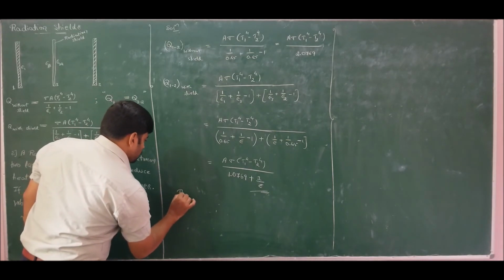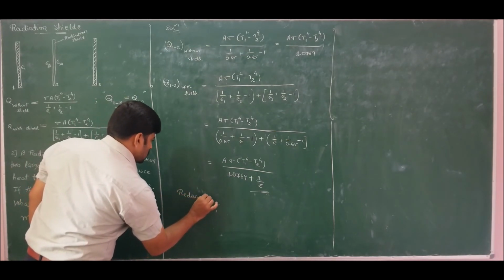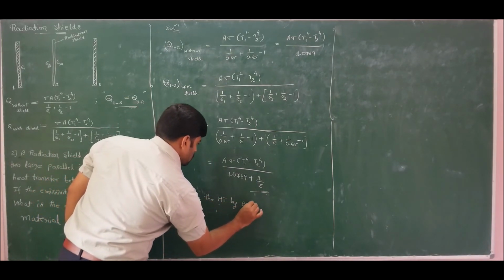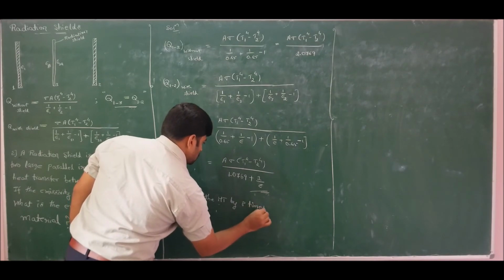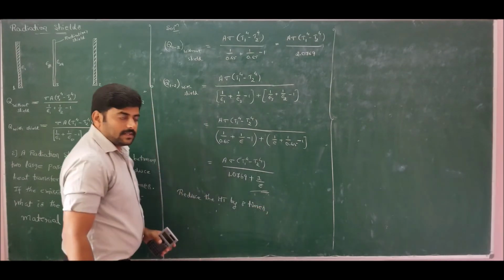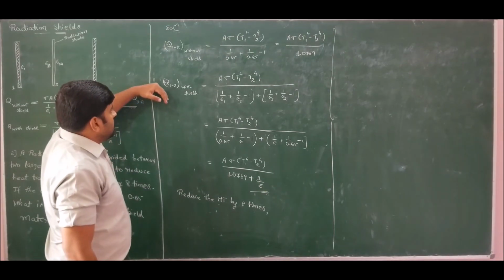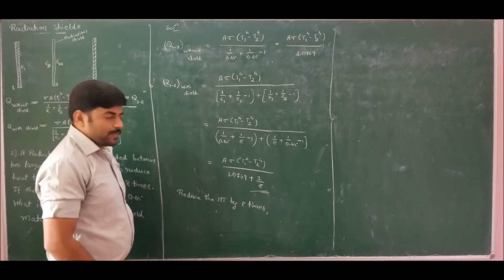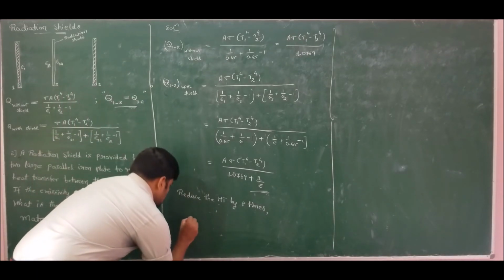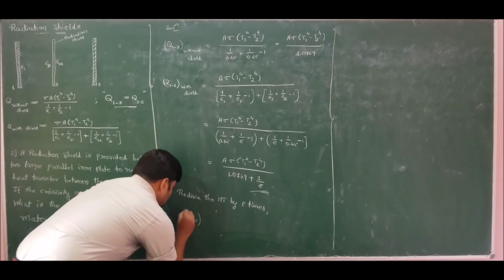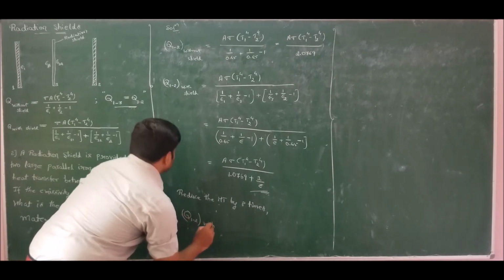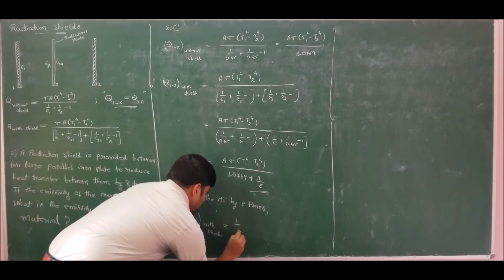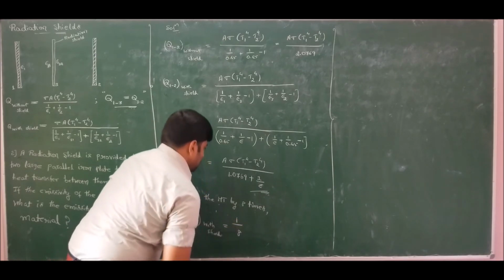So reduce the heat transfer by 8 times, which means that the heat transfer with shield multiplied by 8 is equal to the heat transfer without shield. In other words, Q12 with shield is equal to 1 by 8 times, reduced by 8 times.